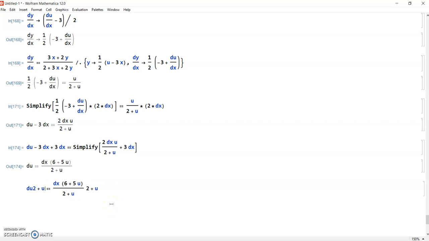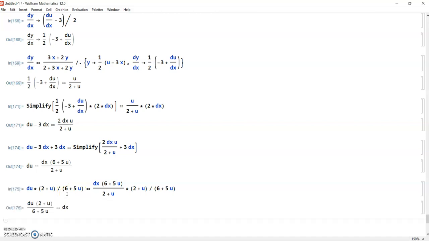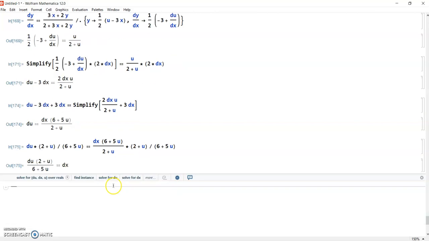So something has happened. Yeah. So Control C, Control V. Okay, so multiply both sides by 2 plus u over 6 plus 5u, and then okay, so now everything has been arranged.